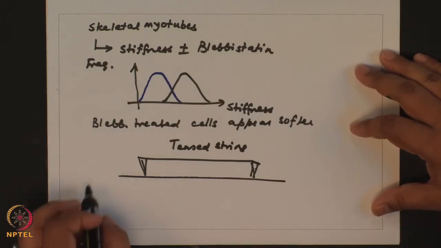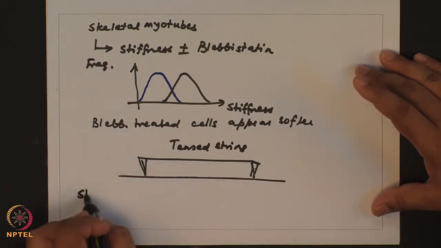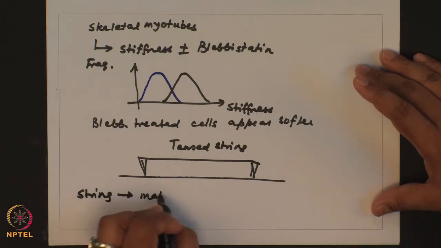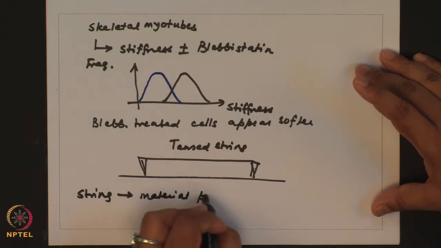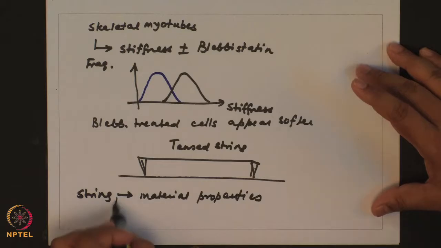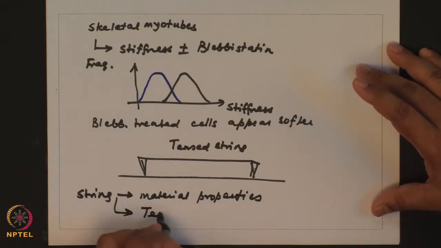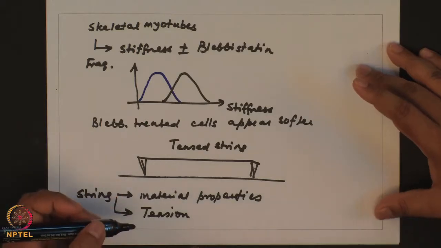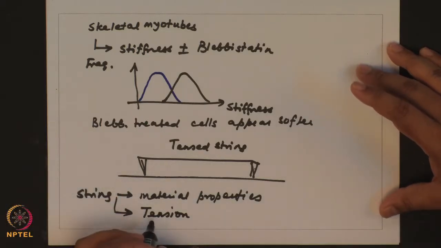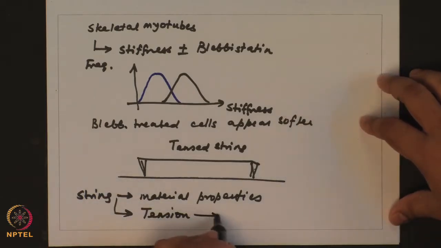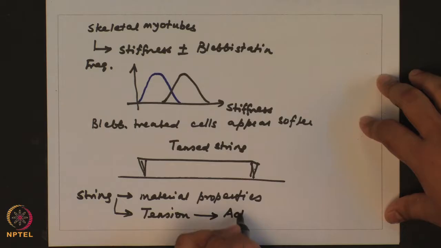The string has its own material properties, on top of which you are tensing the string, adding some tension in the string. What is the source of this tension? If you anchor it to the substrate, the source of this tension is actomyosin contractility.